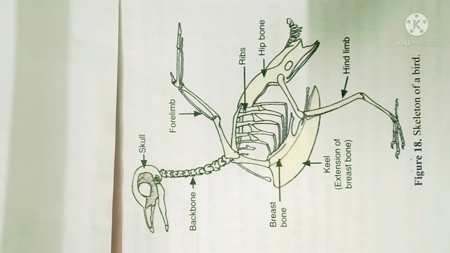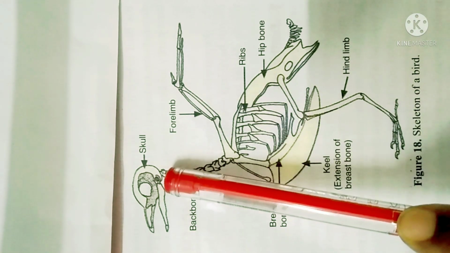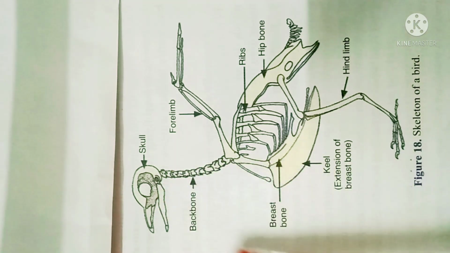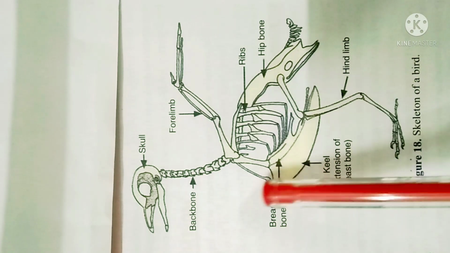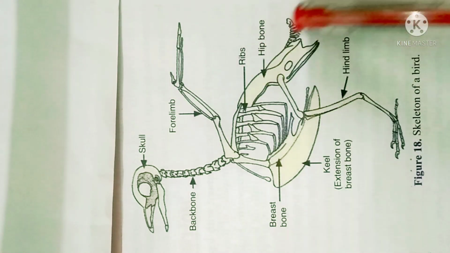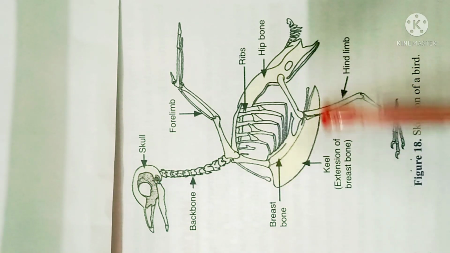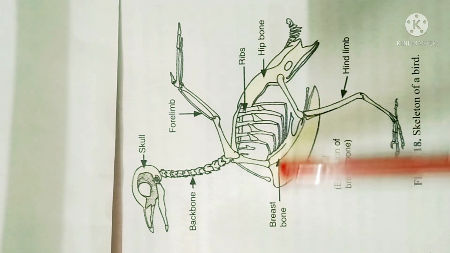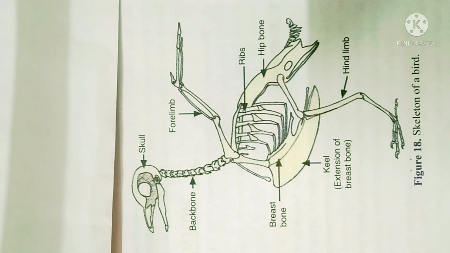Their bodies are streamlined. Streamlined means, you see, like a fish body, the front portion will be thin, then a little broad, and then again thin. Similarly, in birds, here it is thin, then this part will be a little broad, and towards the tail it will be thin.